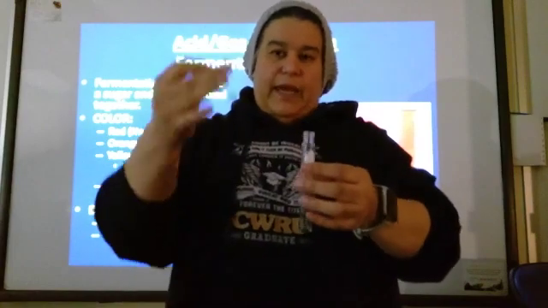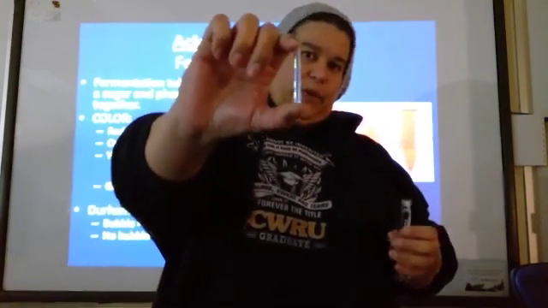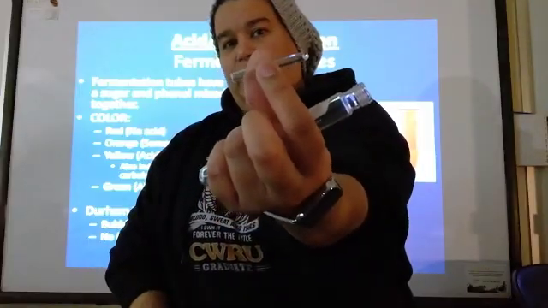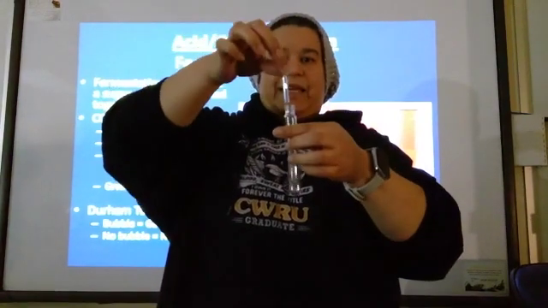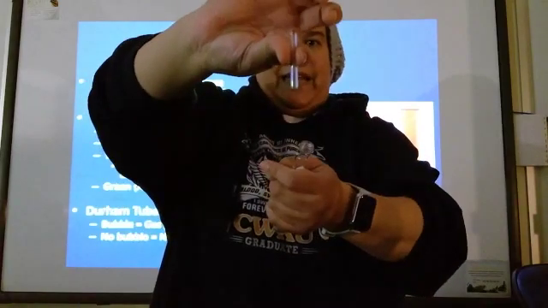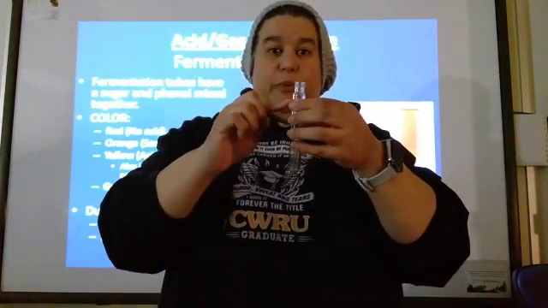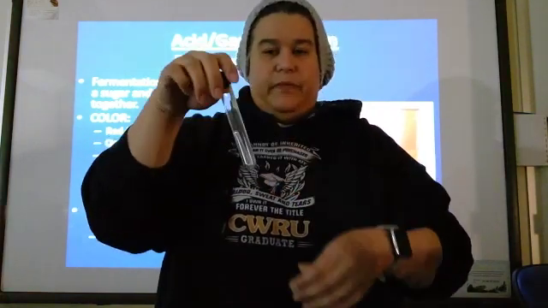In a fermentation tube, you have a test tube that has a screw cap, and you've got this itty bitty little tube that's called a Durham tube. It is a test tube, but it's very tiny. You put this in upside down, so the mouth of the tube is facing down toward the bottom. You put your solution in here, and you cap it closed.